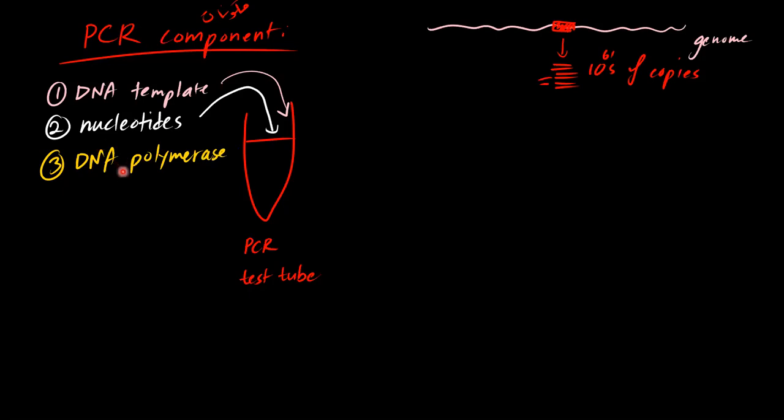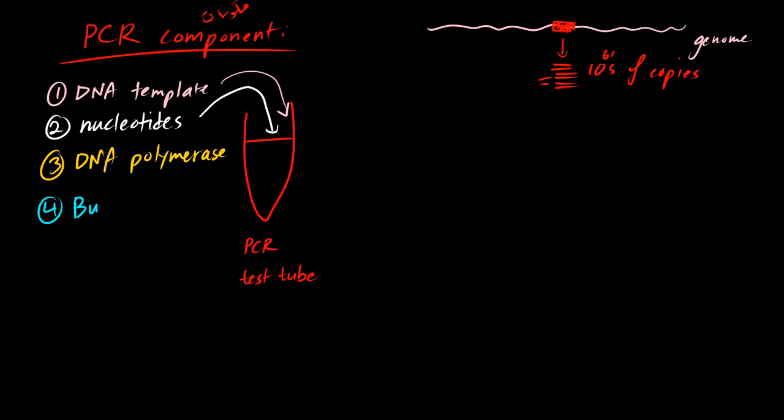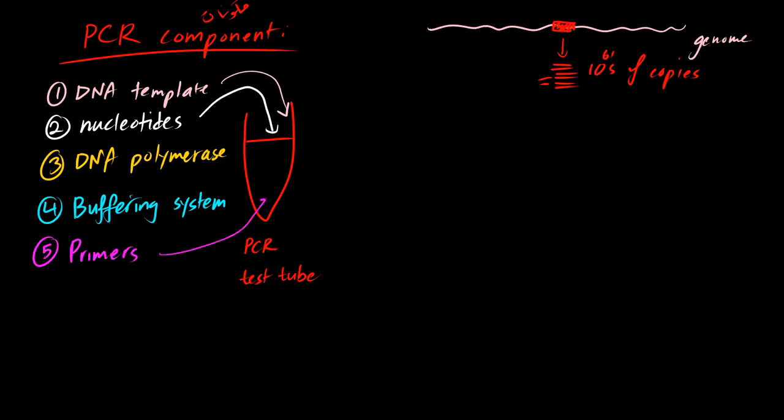So we need DNA polymerase. We also need a buffering system that will provide the DNA polymerase with the optimum conditions. We also need something we call primers. So primers, buffering system, and DNA polymerase. All of these components are mixed together in one tube.